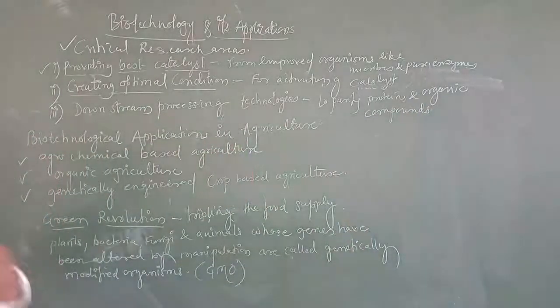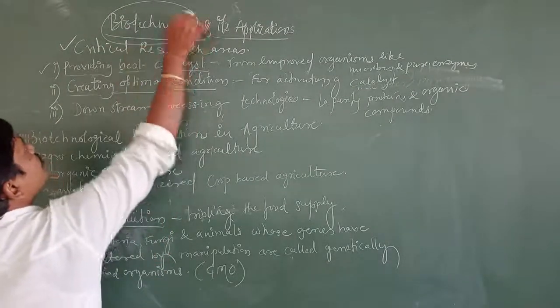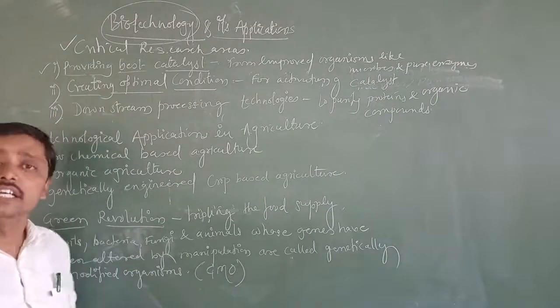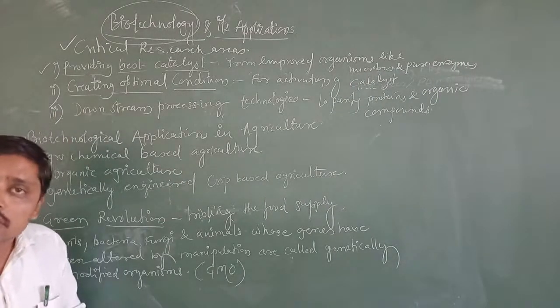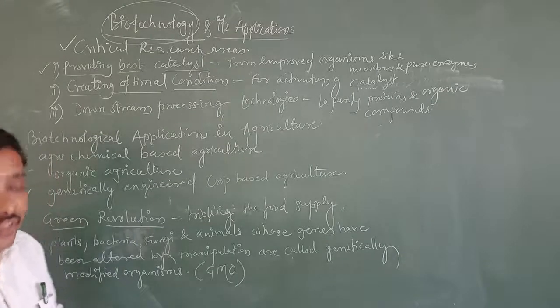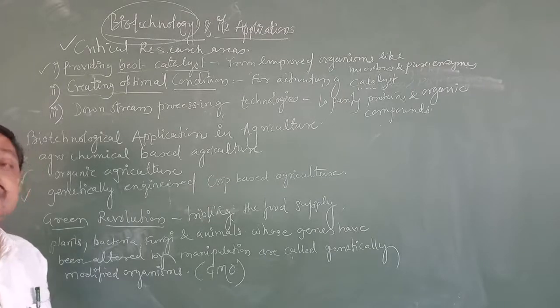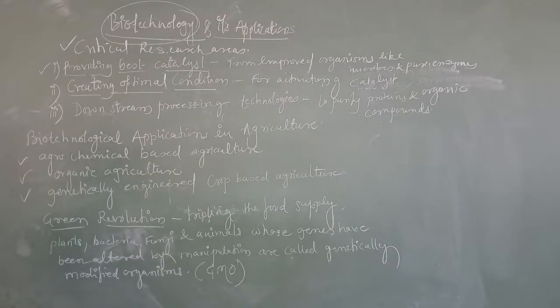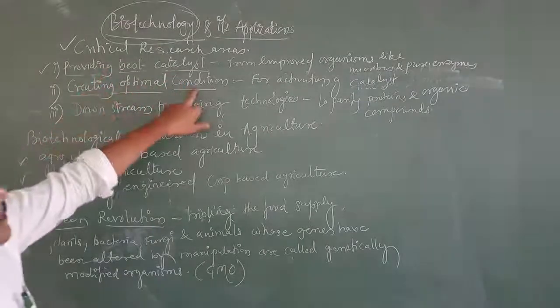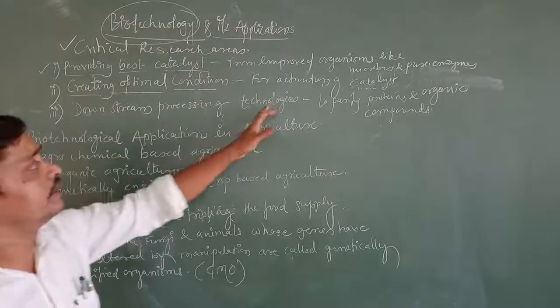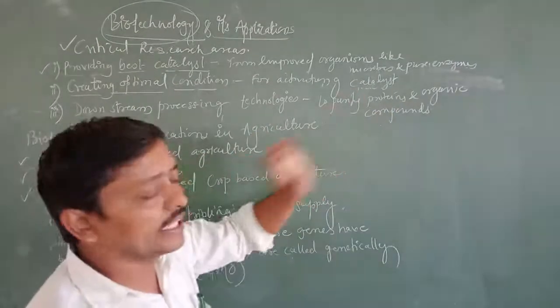Okay. So, I told you about biotechnology and its applications. Biotechnology is used in the field of therapeutics, diagnostics, agriculture, then food processes, bioremediation, waste treatment, energy production, etc. But the critical research areas of biotechnology are providing the best catalyst, creating the optimum condition for the catalyst, and downstream processing technologies to purify the proteins and organic compounds.